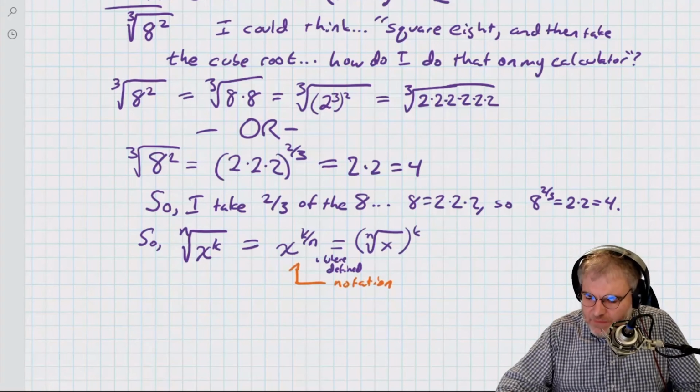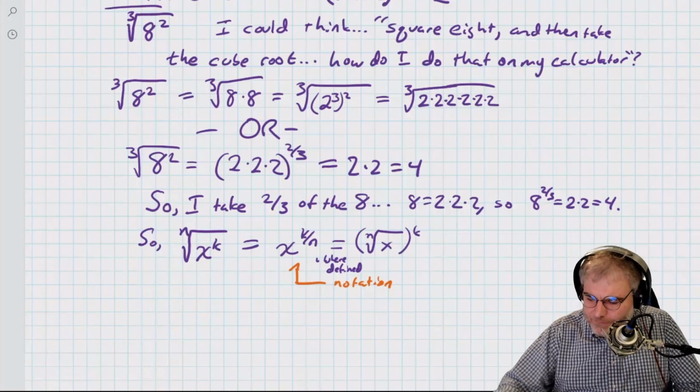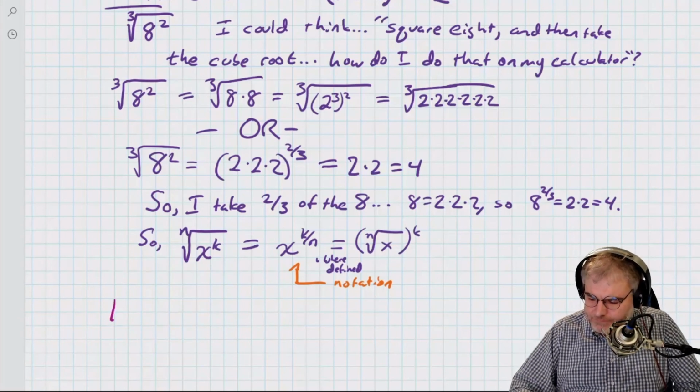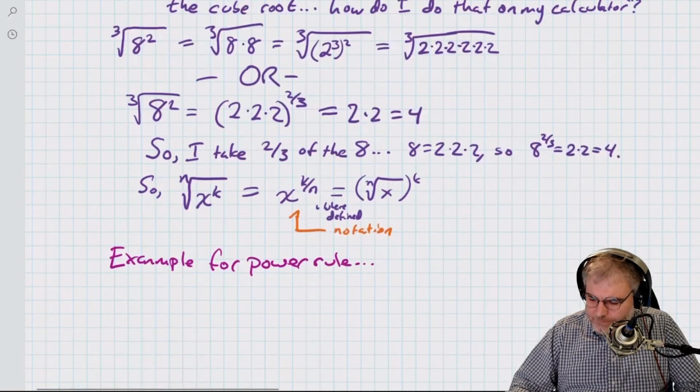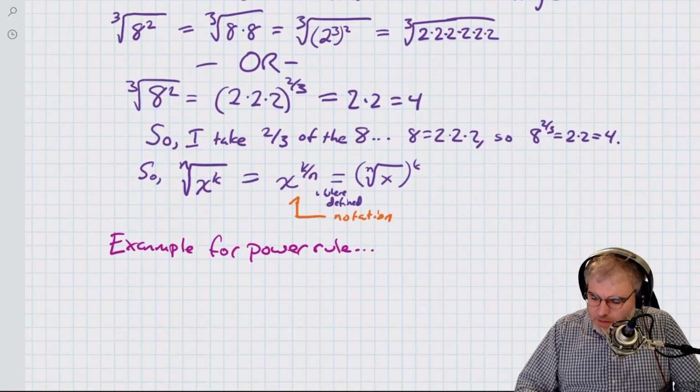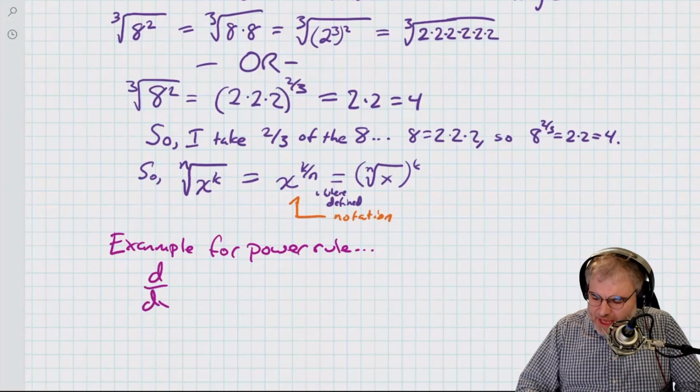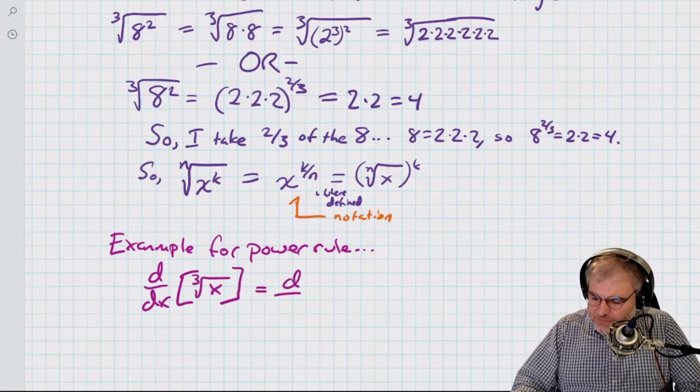So for the example for the power rule, the derivative d over dx of the cube root of x is going to equal the derivative.